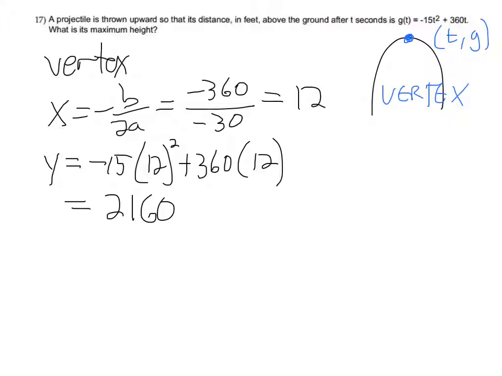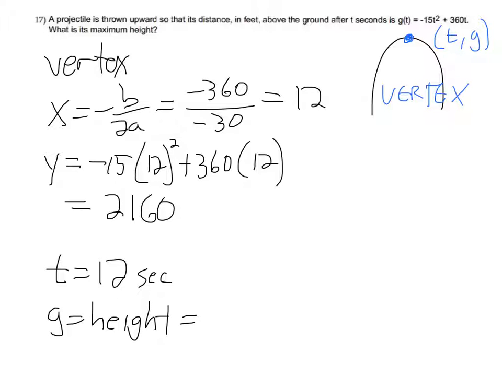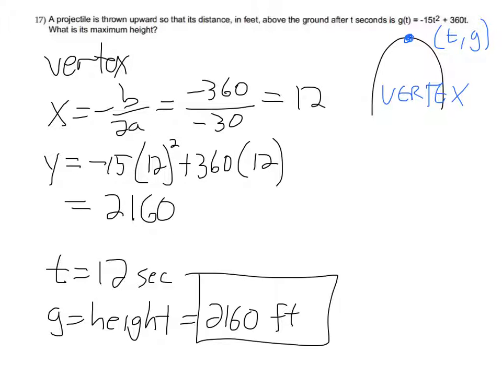Now, what's really going on, it isn't x, it's t. So t equals 12, and that is seconds. It's not y, it's g, it's height, equals 2160 feet. Seconds and feet come from the problem, t seconds, distance in feet. Now this question is, what is the maximum height? So our answer is 2160 feet.